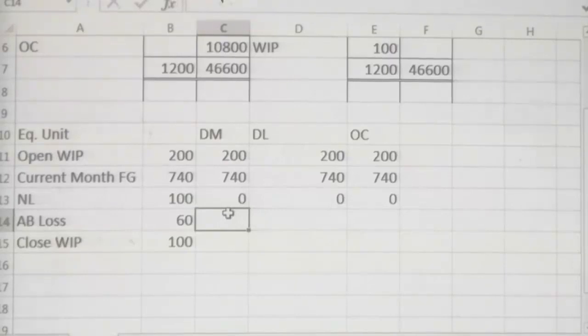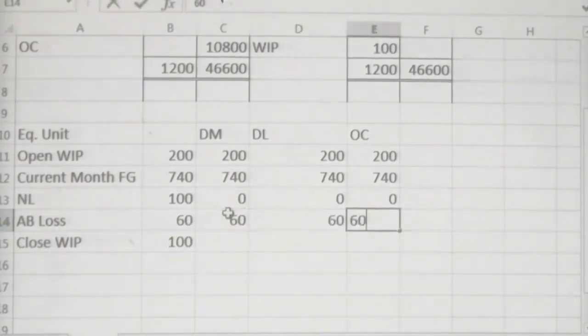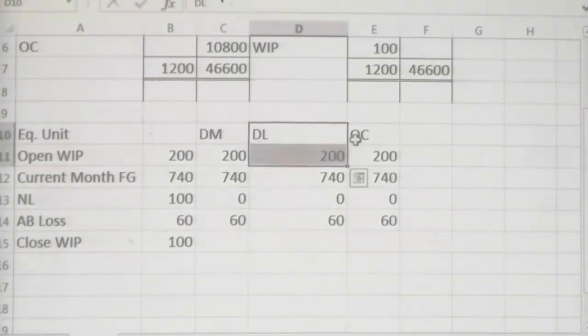When it comes to abnormal loss, we have to assume it occurs at the end of the process. If abnormal loss occurred at the beginning, only material is lost, and labor and other cost are 0. But if it occurred at the end of the process, all the cost items are lost. Here we assume it occurred at the end, therefore 60, 60 and 60 in each cost category.